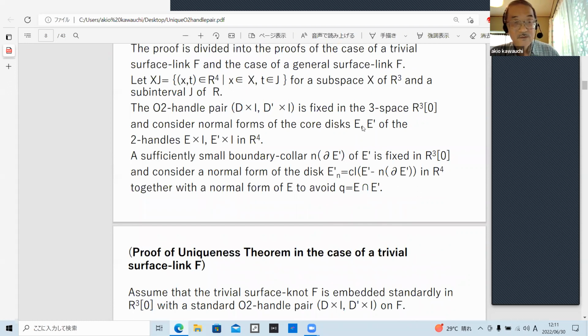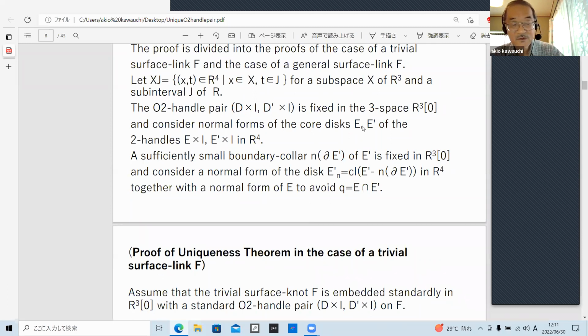And as a normal form, I consider E and E dash. E and E dash is bound at the boundary, with one point of intersection there.